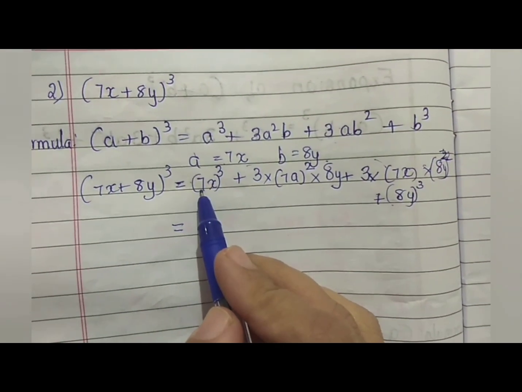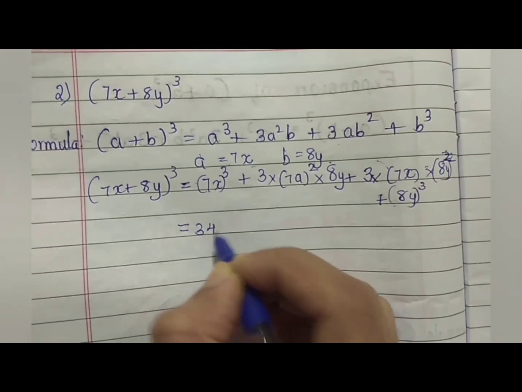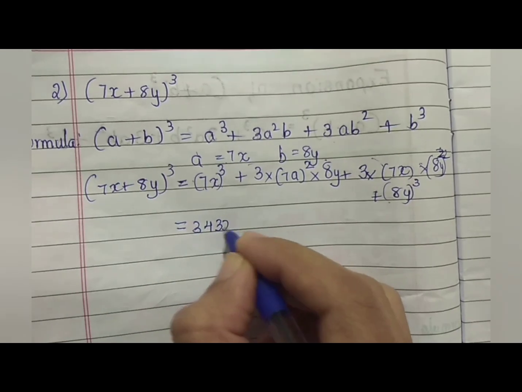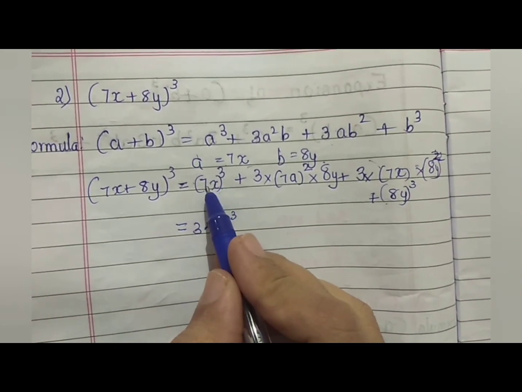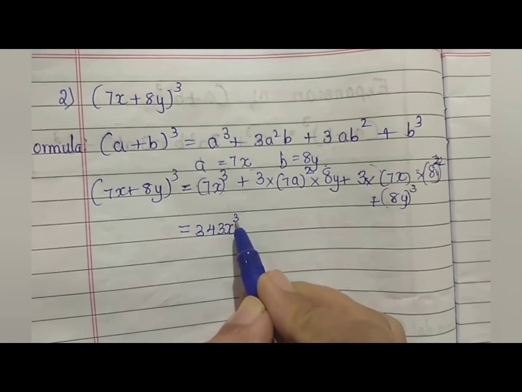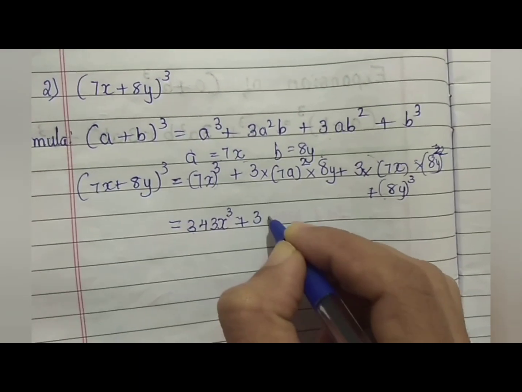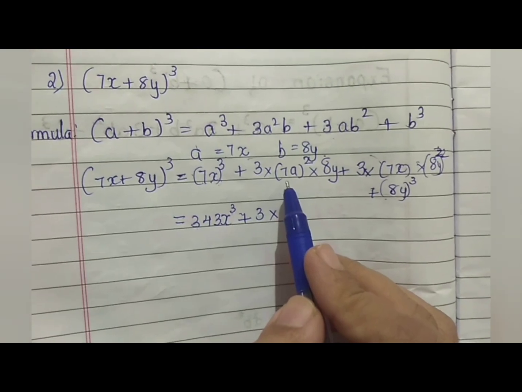We'll multiply. The cube of 7 is 343, and the cube of x is x cube. That means the overall cube of this number 7x is 343x³. We'll first open the bracket so that it will be easier for you all.